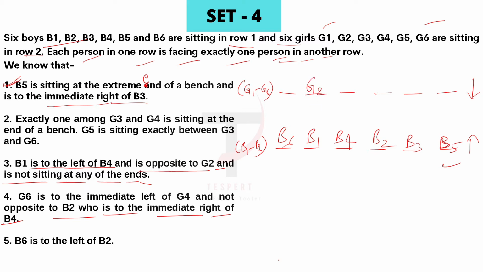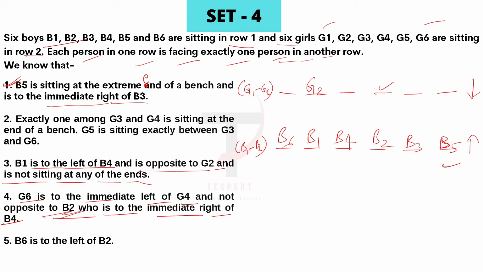Alright. Now in the fourth statement it is given that G6 is to the immediate left of G4 and not opposite to B2. So G6 must be to the immediate left of G4, and G6 shouldn't be opposite to B2. B2 is here, so G6 shouldn't be here, right?